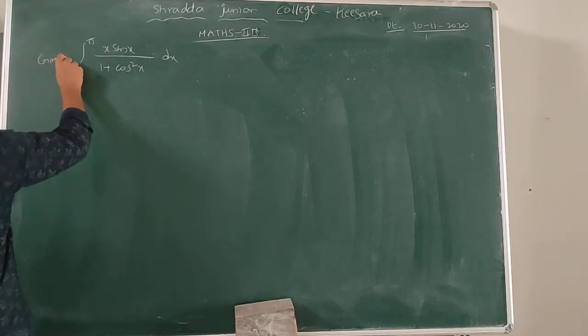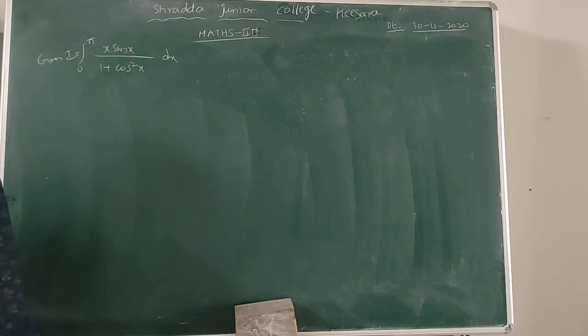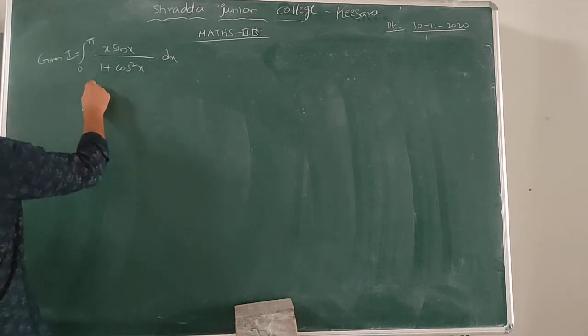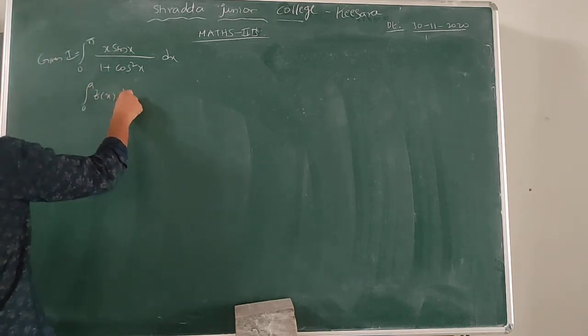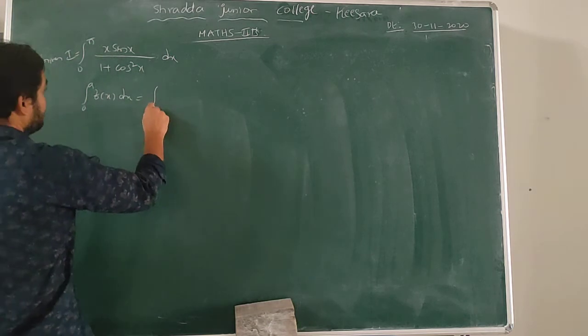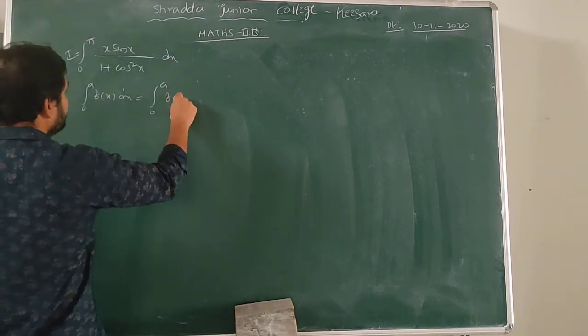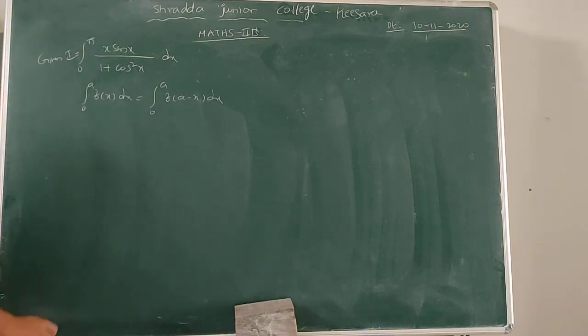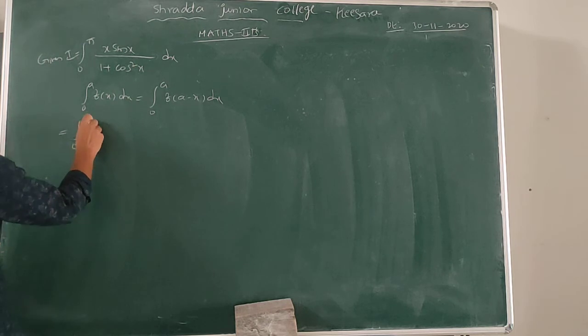See now, this is given, this is denoted by I. The given problem is in which form here? See, integration 0 to a f of x dx is equal to integration 0 to a f of a minus x dx.